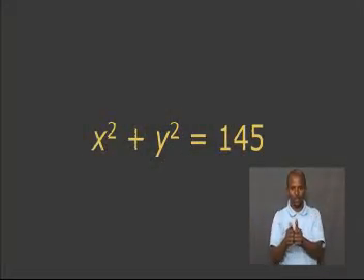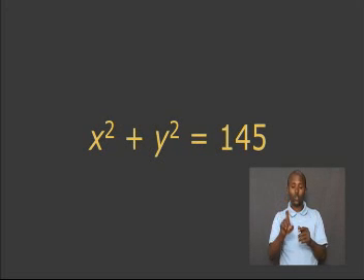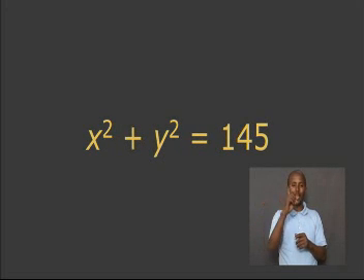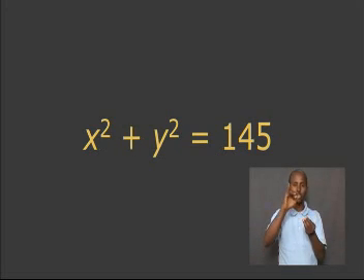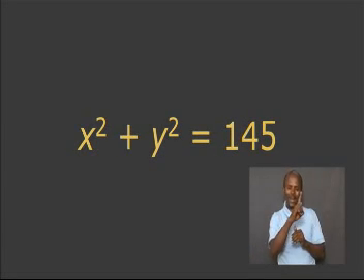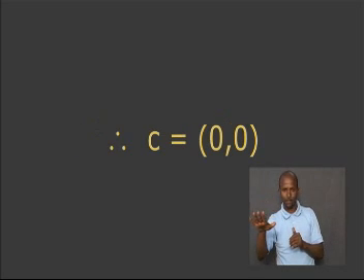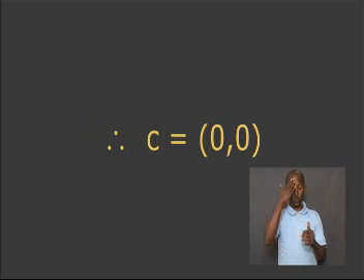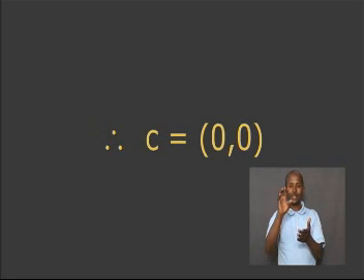Hello, students. Let us review the answer together. Since the equation of the circle is x squared plus y squared equals 145, we know that the center of the circle is (0, 0).